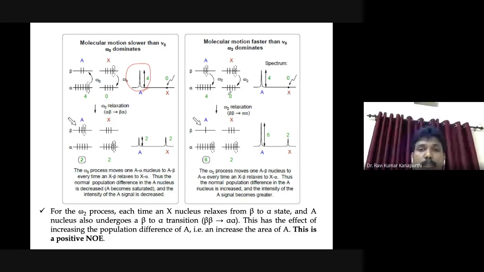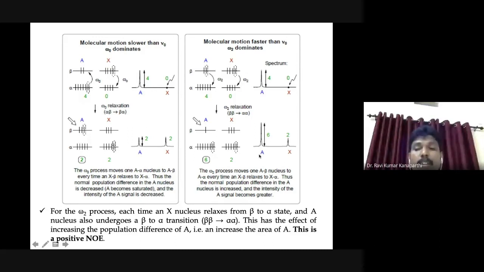Initially there are 2, and then one of the 2 will come down. In the case of X nuclei, it's 4 and 4, and then it becomes 3 and 5. In the case of A, it becomes 6 because one of the 2 came down, so the population difference is enhanced. The difference increased, therefore the signal intensity will enhance from the original signal intensity.